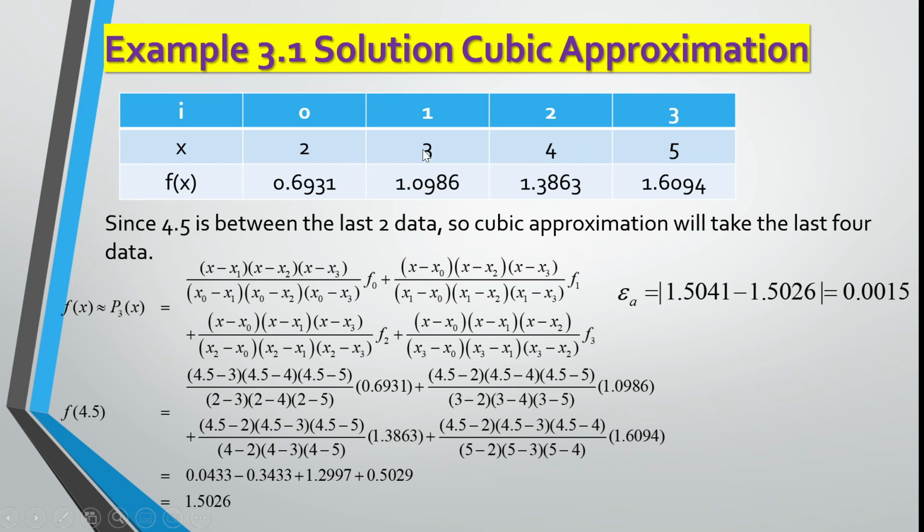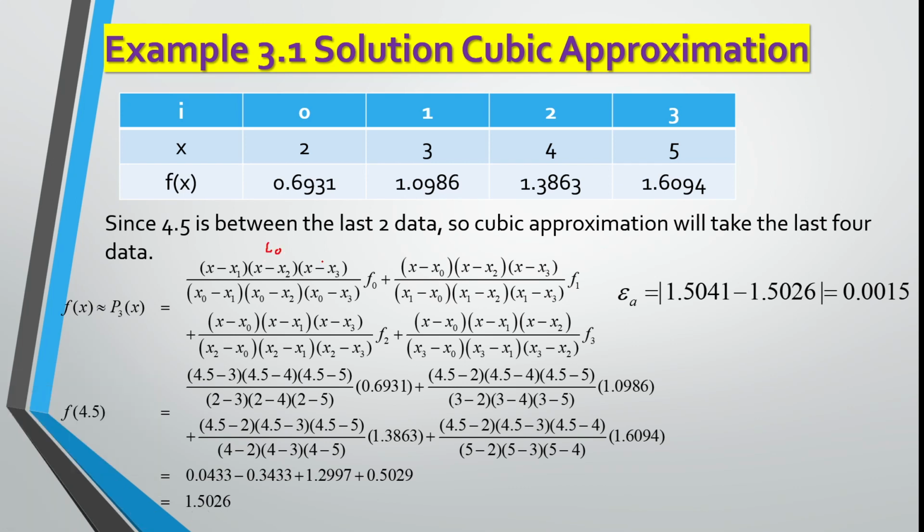So it takes 2, 3, 4, 5, so that 4.5 is contained inside the list. For 4 data points, we label from 0, 1, 2, 3. Then this is the formula if you use cubic approximation.